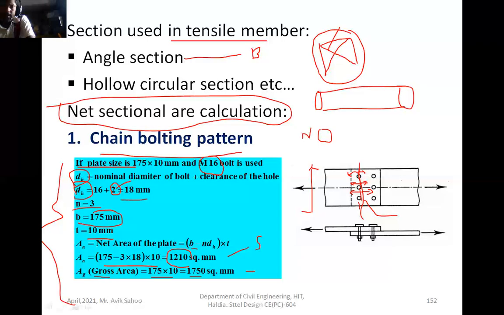This is the actual strength of the plate without holes, and this is the net area after bolting. You have to consider the net area to find the tensile strength of the member, as the sectional area is reduced.